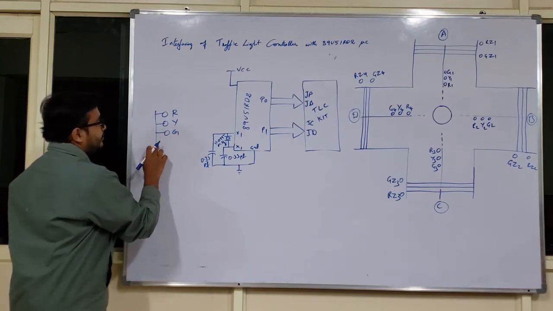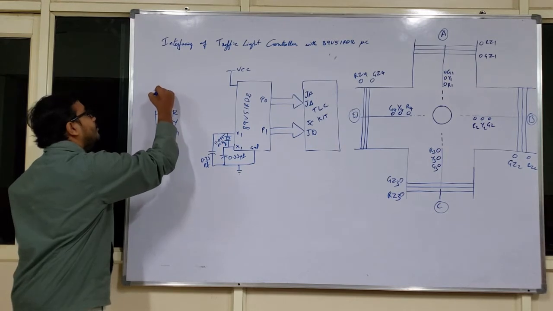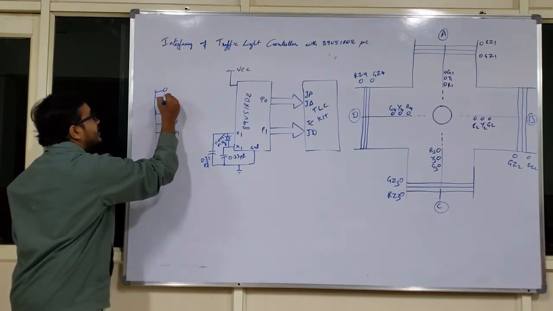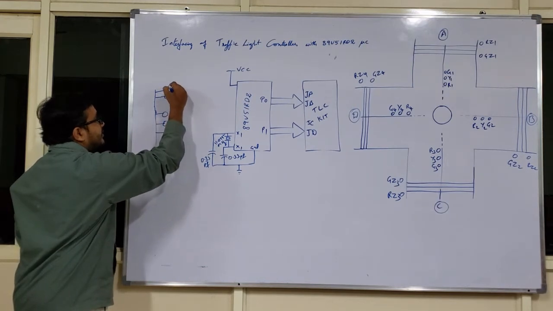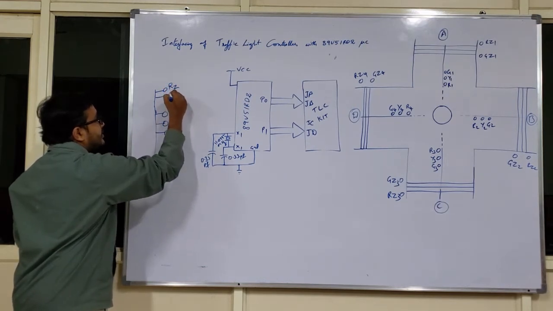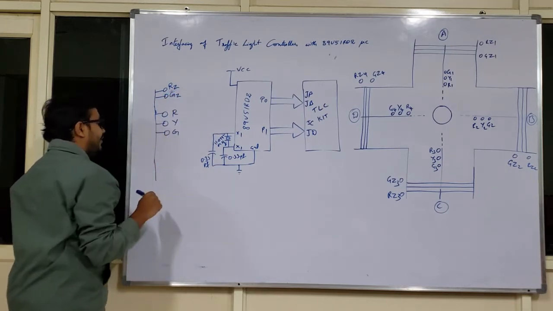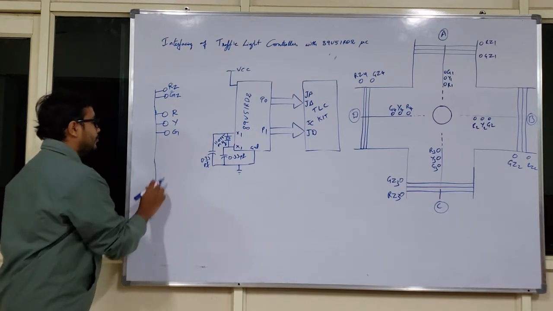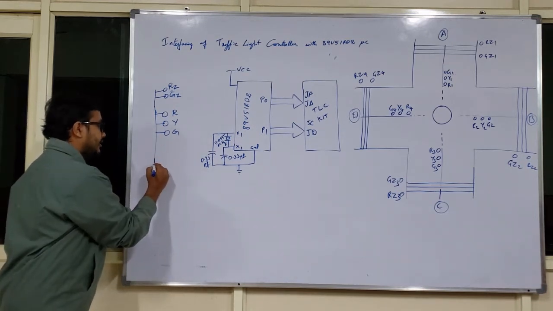Okay. Apart from it, on the same pillar, I may also have zebra crossing lights, that is RZ, and the zebra crossing light called GZ. I will explain each and every light present on the pole or installed on the traffic pillar.